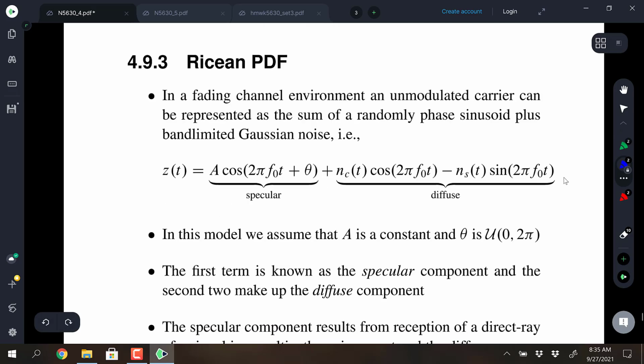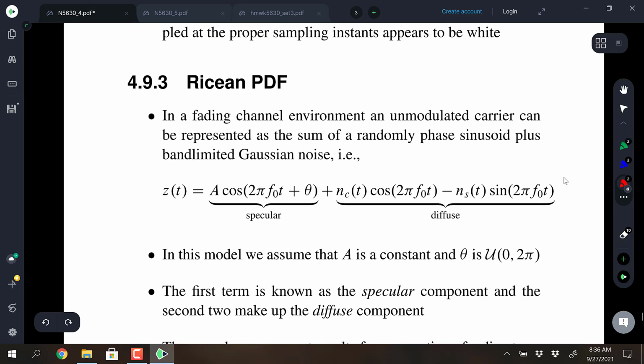Okay, last thing that's in this chapter is a little discussion about the Ricean PDF, and this gets ready for a discussion of fading that will be coming up later in the next chapter. So a simplified preliminary analysis of fading might just be on an unmodulated carrier, and then you would have a sum of randomly phased sinusoids plus band-limited Gaussian noise.